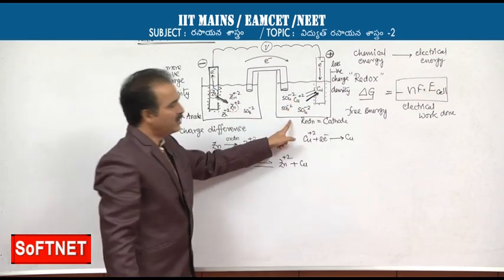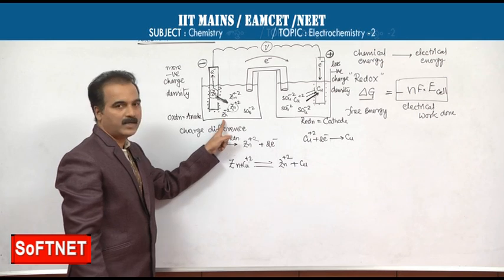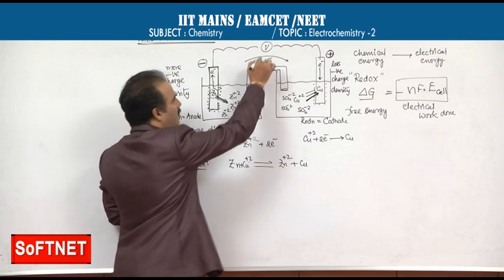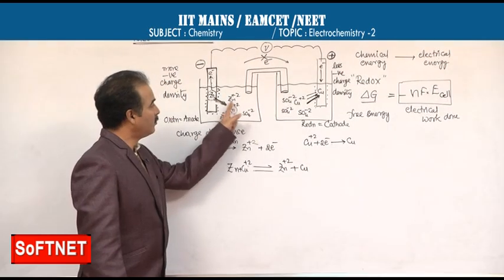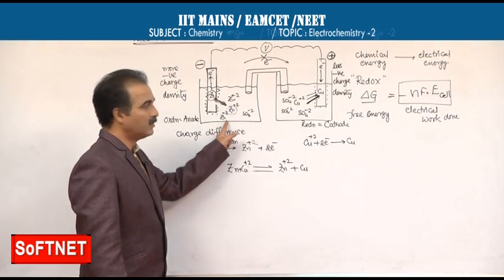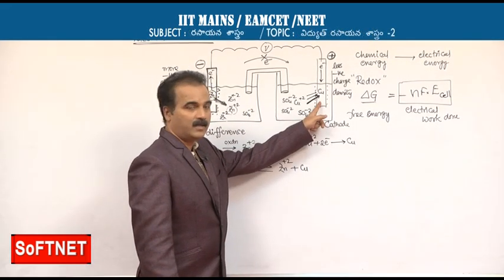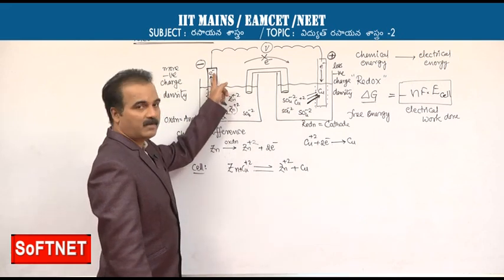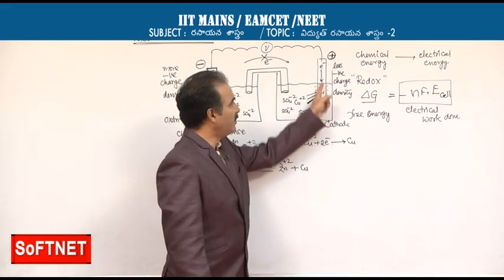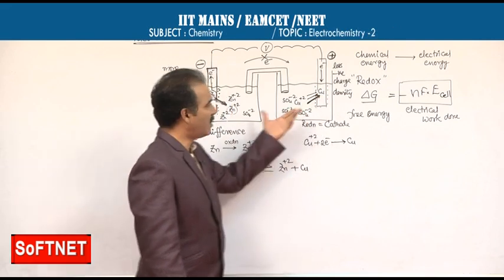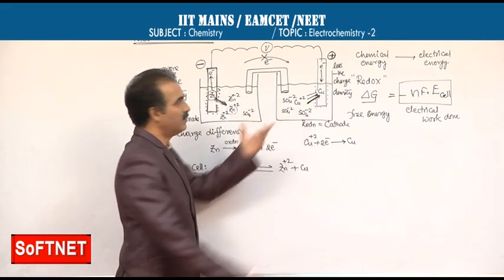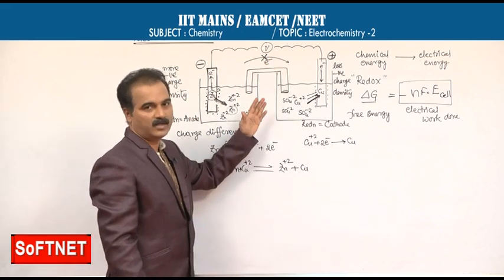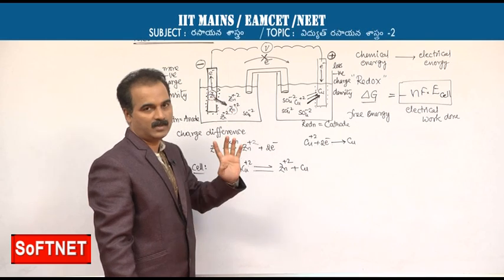So, this accumulation of positive ions in the anode half cell and negative ions in the cathode half cell prevents escape of electrons and prevents entry of electrons. So, after some functioning of the cell, the flow of electrons is stopped, meaning the cell stops working; it cannot do any more work.